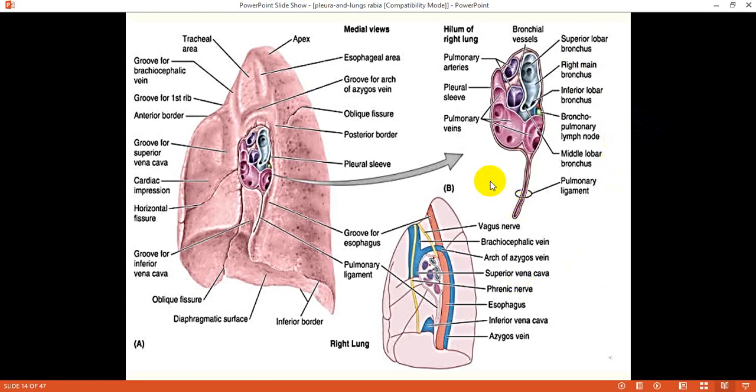Here we can observe that the veins are lying anterior-most and inferior-most. So when the veins are dilated due to the blood flow, they descend a bit in the pulmonary ligament. Between the two layers of pulmonary ligament is loose connective tissue, so it is a space provided for the descent of pulmonary veins when they are filled up.